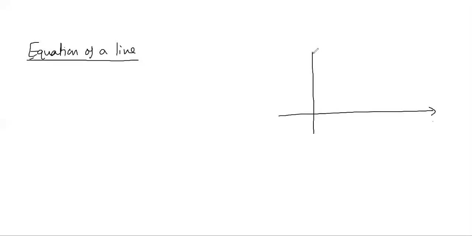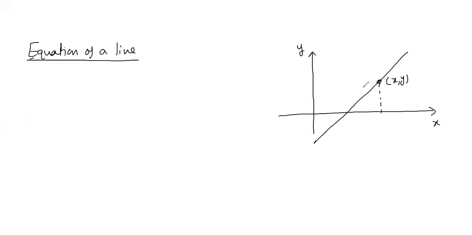So what is the equation of a line? Basically, if we have a line, then the equation is nothing but a relationship. If we take any point on this line, suppose its x coordinate is x and y coordinate is y.